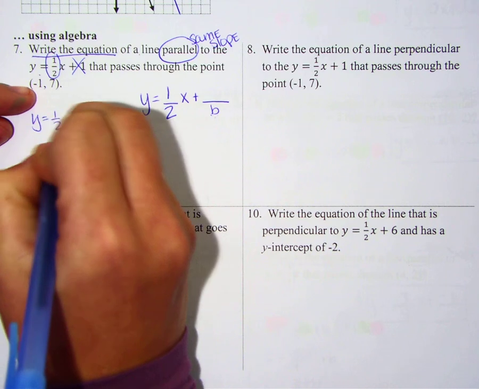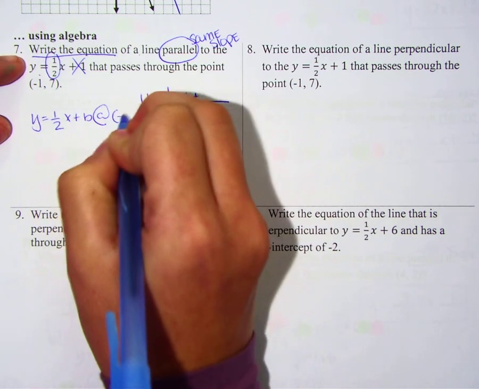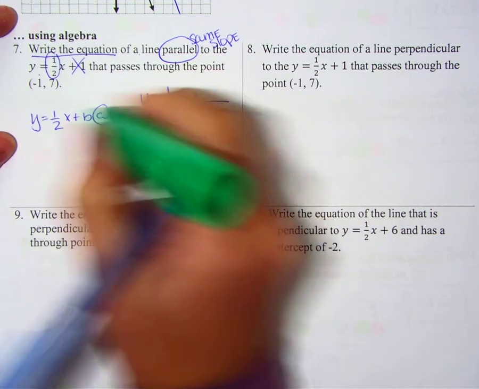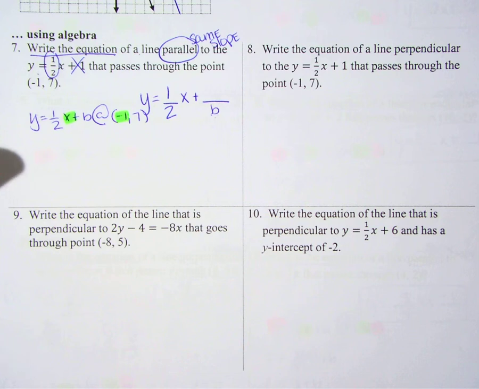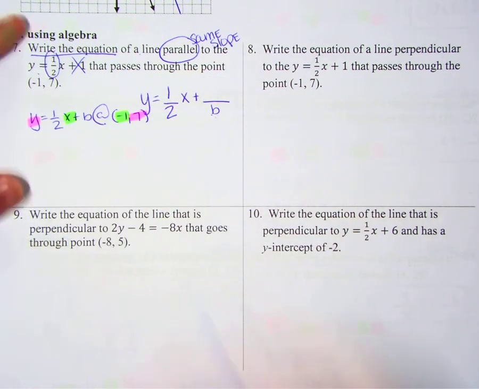y equals 1/2 x plus b at (-1, 7). So everywhere that I see an x, I'm going to substitute a negative 1. Everywhere that I see a y, I'm going to substitute a 7.